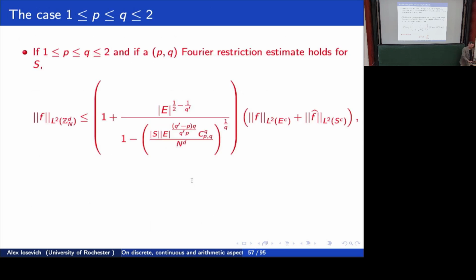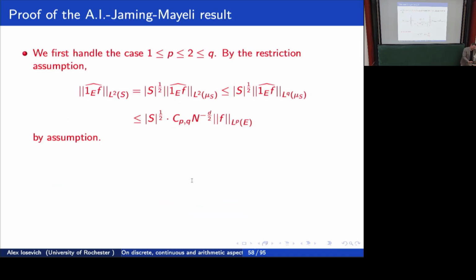Okay? So let's go ahead and go through the proof. The proof is not that difficult, but I think it's kind of instructive. So let's first handle the case when Q is above 2. We apply the restriction assumption. So we pull out the size of S to the 1/2, because in the restriction inequality, we have a weighted L2 norm.